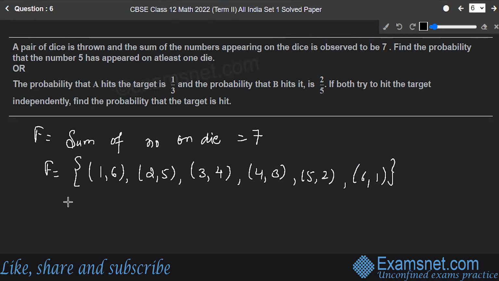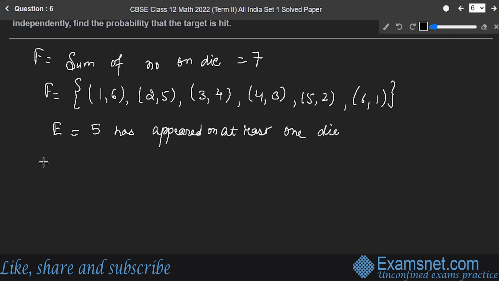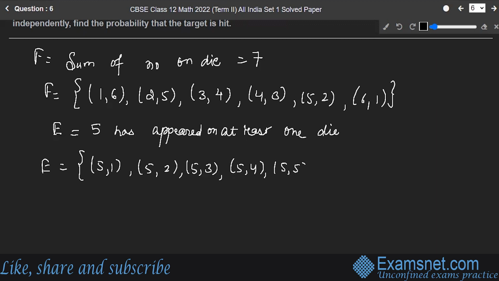Now let E be the event that 5 has appeared on at least one die. So see, what is the sample space in this case? 5, 1; 5, 2; 5, 3; 5, 4; 5, 5; and 5, 6.